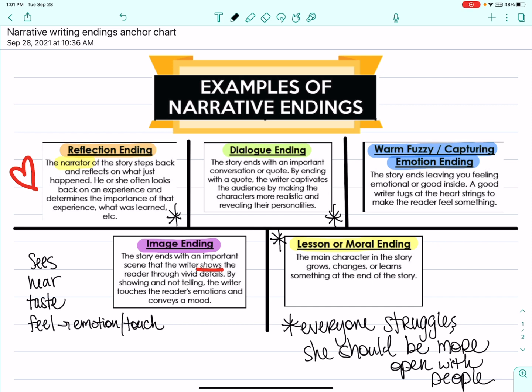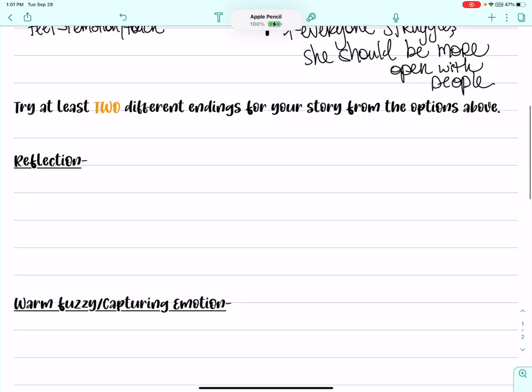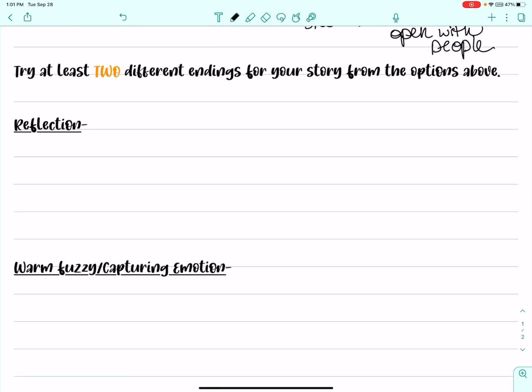So think about which ending would be the best, or endings would be the best for your story, because for your independent work time, you are going to experiment. And what I mean by that is you're going to try at least 2 different endings for your story from the options above.